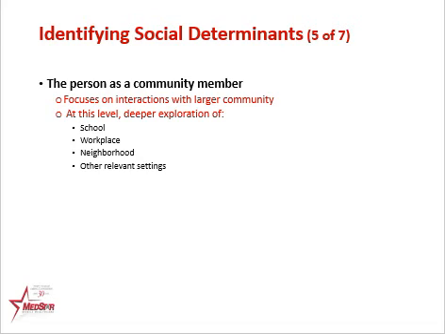At this level, a deeper exploration can be made into the general environment of school, workplace, neighborhood, or other relevant settings, with special consideration to how the person relates within these settings. Is the problem isolated to just the patient, or is there a larger communal aspect to the issue? Does the patient have social interactions, or is there evidence of social exclusion? Are there cultural issues within the local community that are having an effect on the patient?